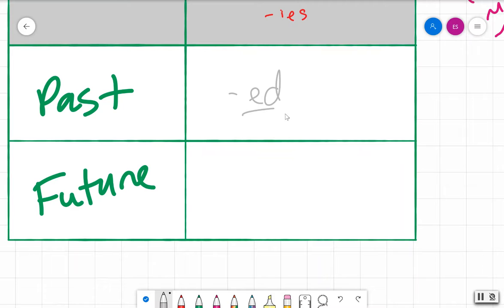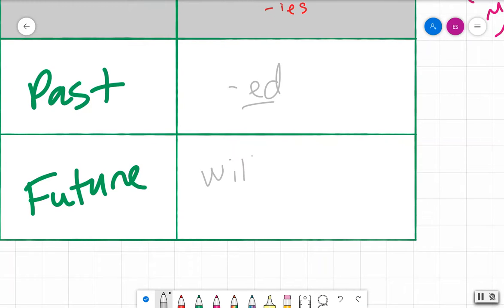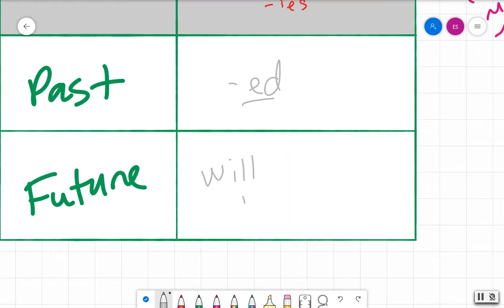So that's pretty straightforward, and there are some exceptions. You can check out our last video to see those. And with the future, it's generally just the word will plus the verb. So I will walk away, or I will eat an apple. Those are examples of the future tense.